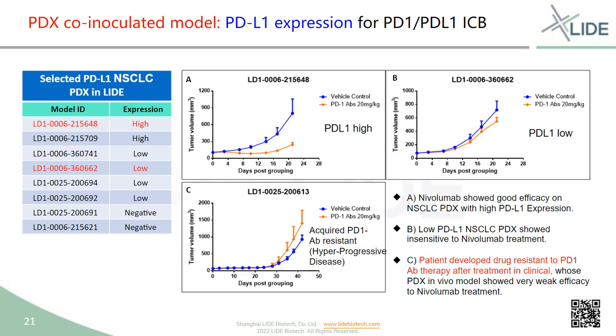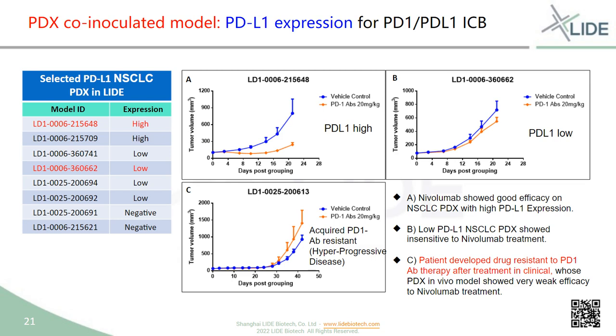We did find that cancer cell surface PDL1 expression was a useful biomarker for anti-PD1 therapy in vivo. Anti-PD1 antibody works very well in PDL1 highly expressed non-small cell lung cancer models, but not in PDL1 low expressed PDX models.